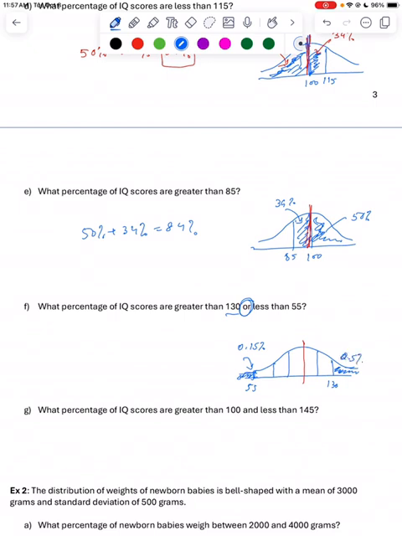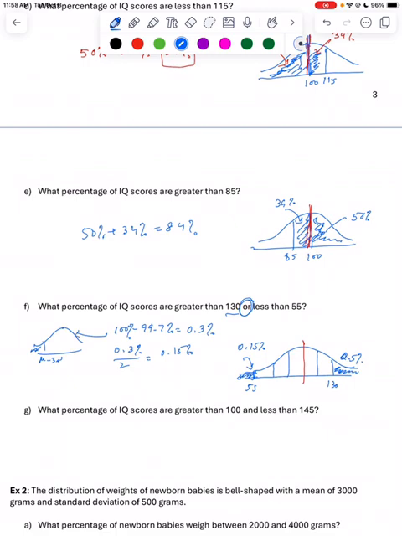how do you get the left area? If this is mu minus 3 sigma, or in our case 55, then if you recall what we do, we have 100 minus 99.7%, which is going to give us 0.3%, and then we divide 0.3% by 2 to get 0.15%. So that is this area. Okay, and for the right one, do the same thing.